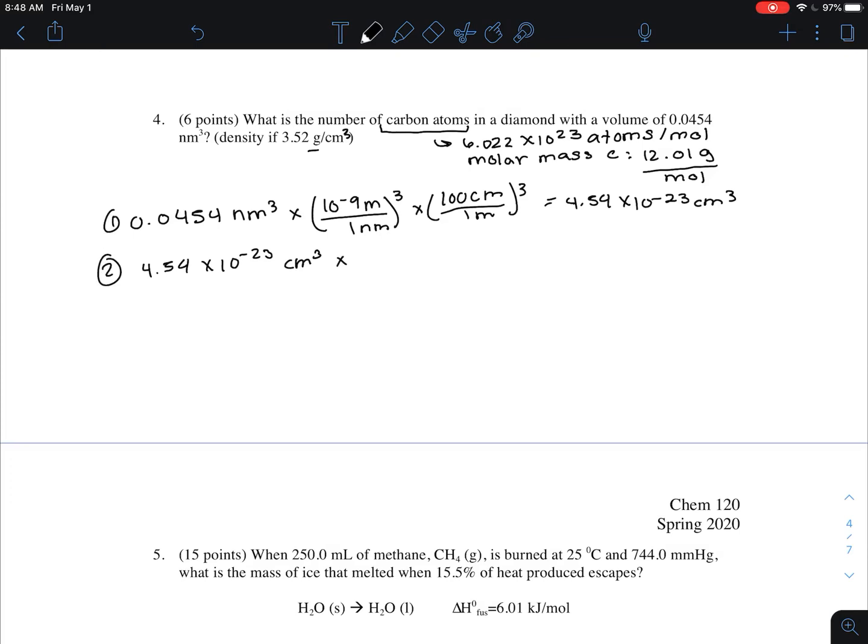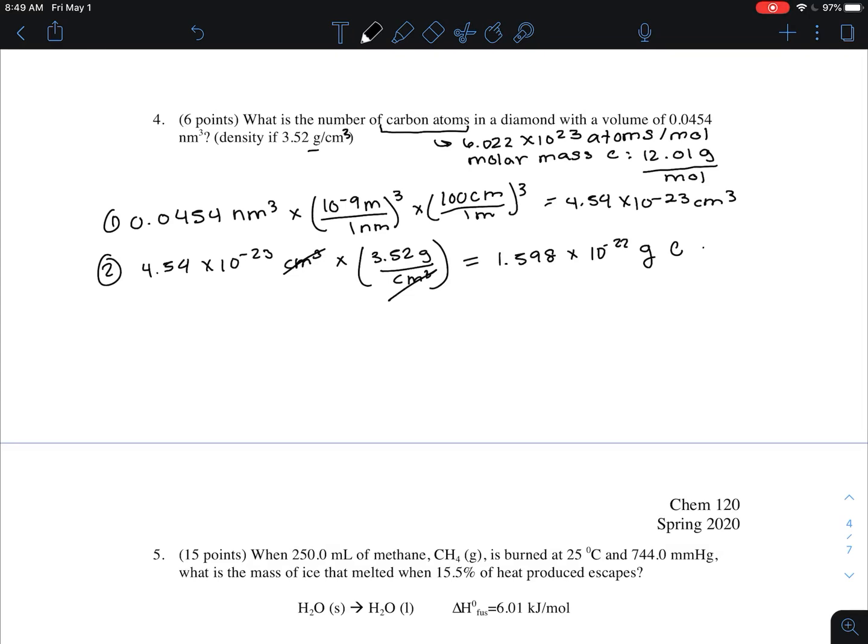Now I can use that to find my grams, multiplying by the density. Centimeters cancel out. You're left with 1.598 times 10 to the negative 22nd grams, and this is of carbon atoms, since we're talking about the density and the volume of the carbon atoms in a diamond.